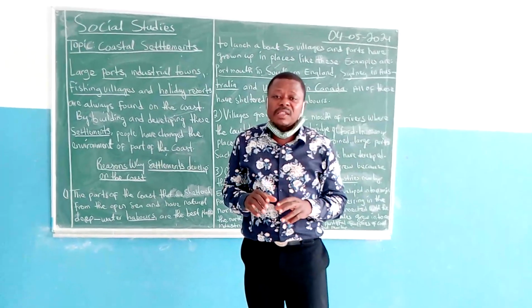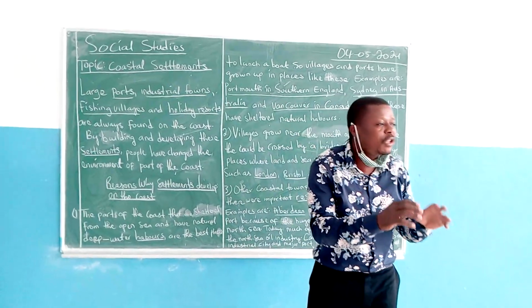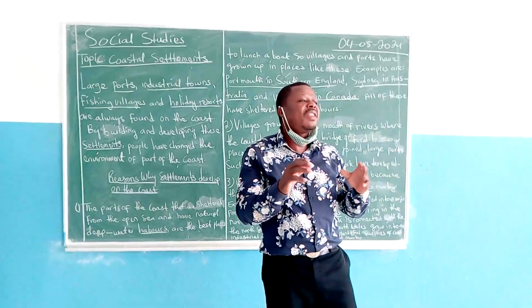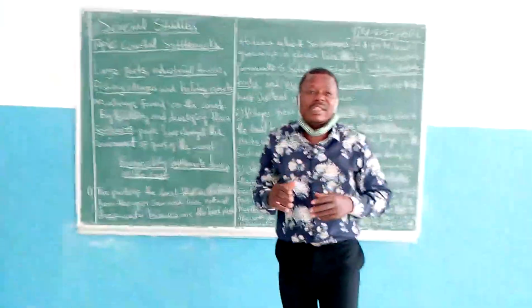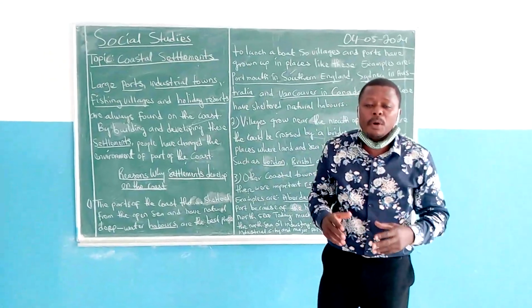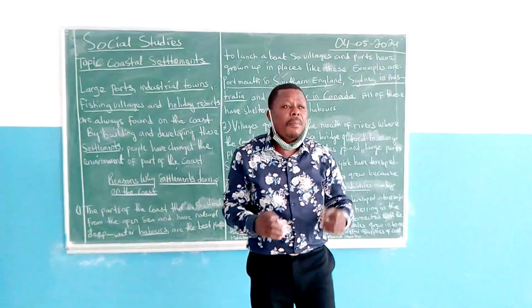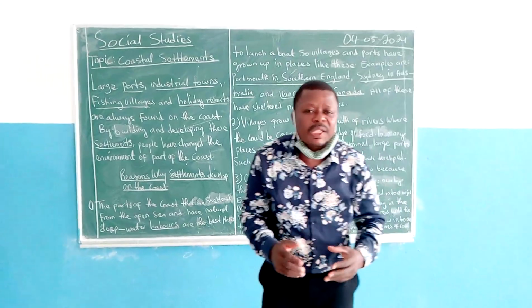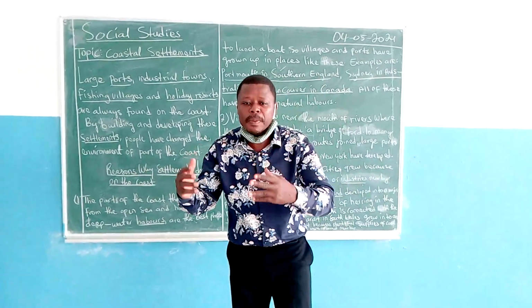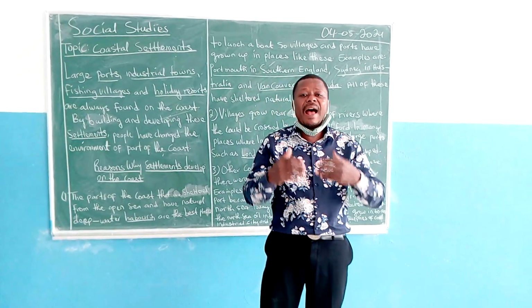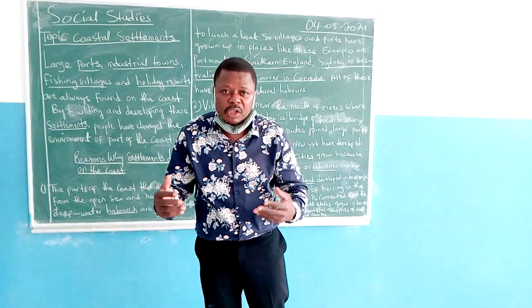So, because of this, places that have deep natural water harbors have developed into industrial towns and cities on the coast. Examples of such places are Portsmouth in southern England. Portsmouth in southern England has developed because of its natural deep water harbors.